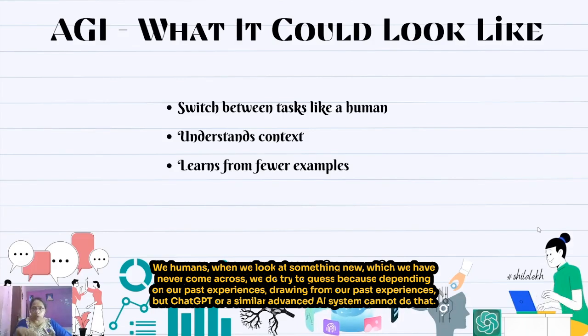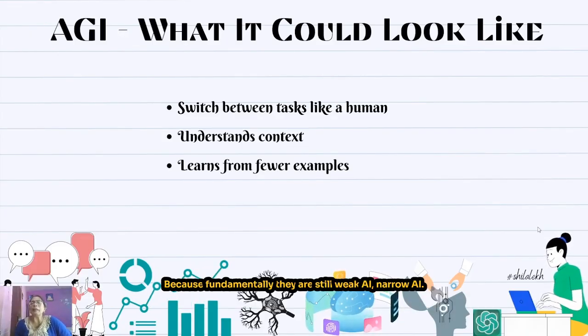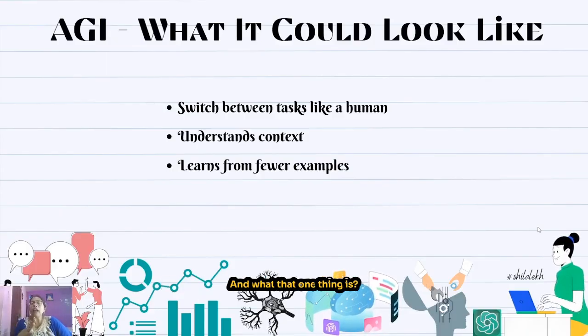We humans, when we look at something new which we have never come across, do try to guess, drawing from our past experiences. But ChatGPT or a similar advanced AI system cannot do that, because fundamentally they are still weak AI, narrow AI. They can do just one thing, and what is that one thing?